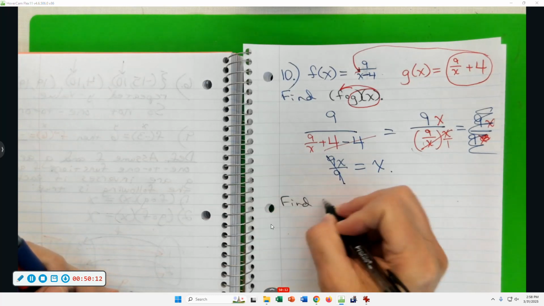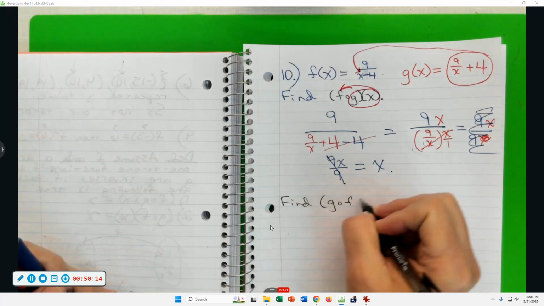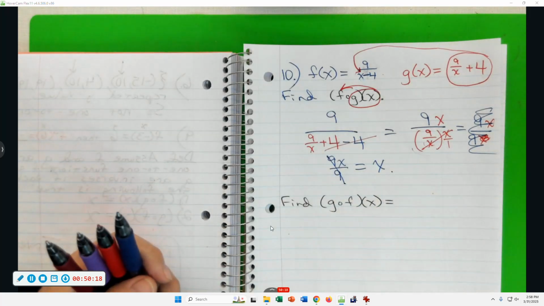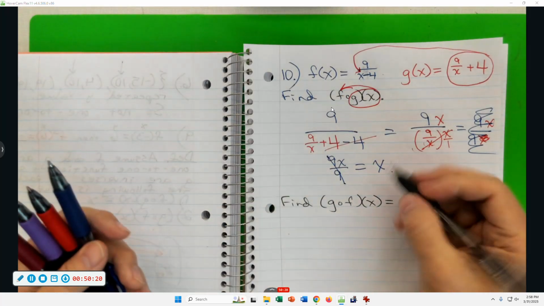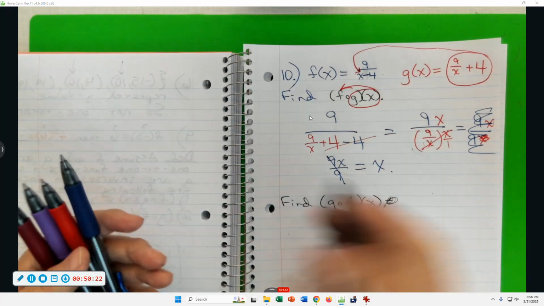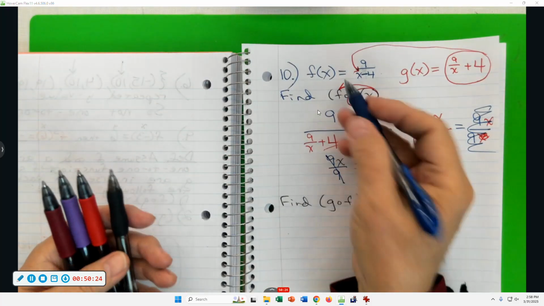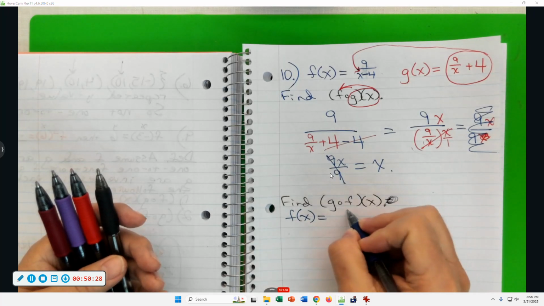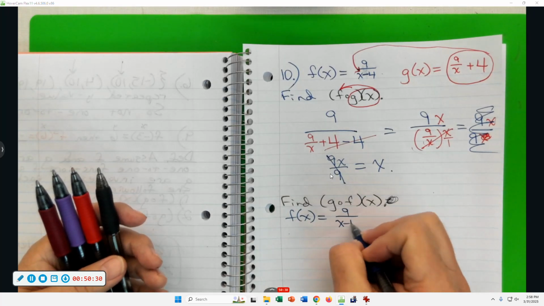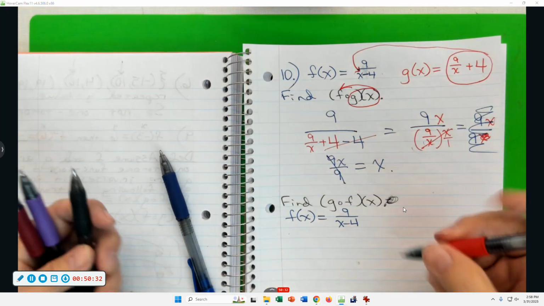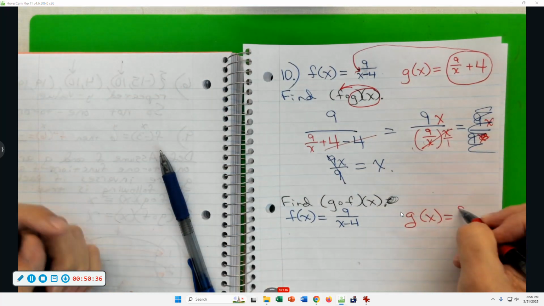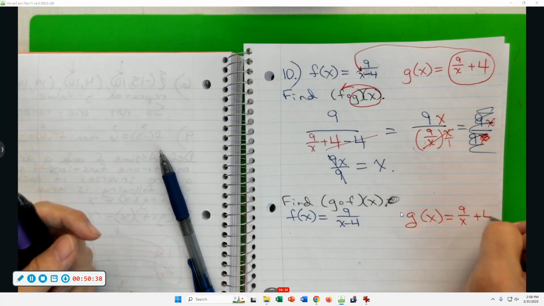Let's find g composed with f at x. I need to recopy f and g. F of x is 9 over x minus 4, and g of x is 9 over x plus 4.